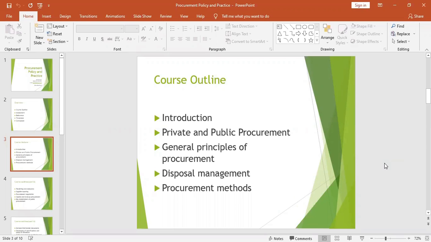Then general principles of procurement, which were already covered. Last time we looked at disposal management. Today we shall start another topic called procurement methods, but there are other topics which I will briefly highlight. Then I will come back and we'll start.